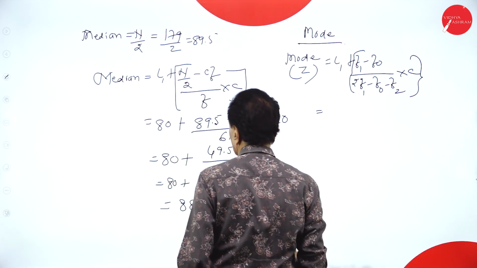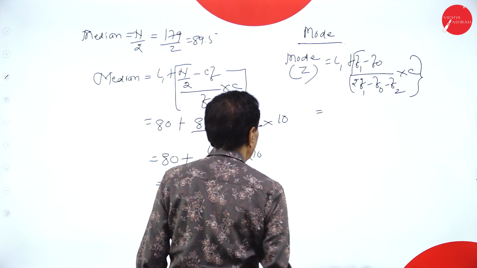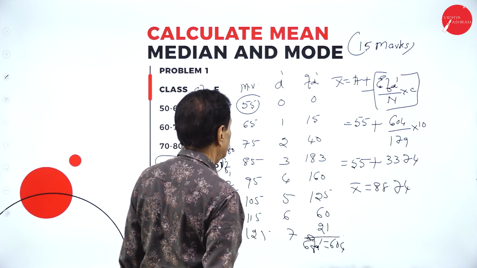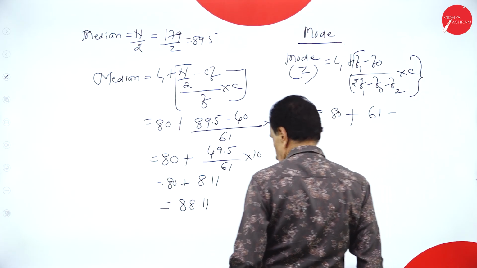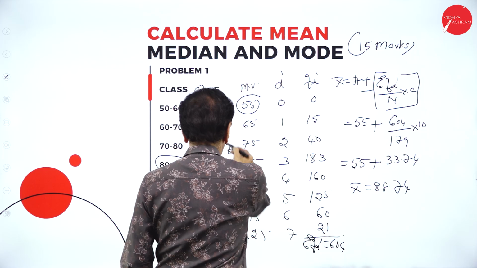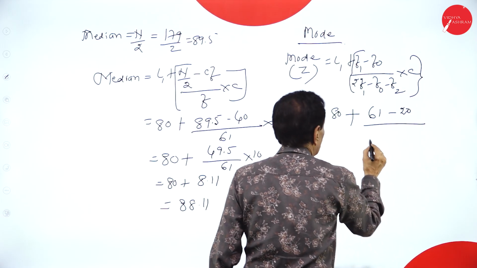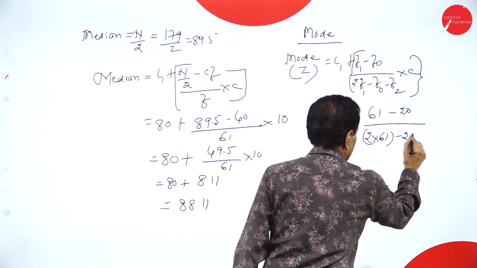Come back here. Which range is selected here? 80 to 90. 80. Then F1 is 61 minus, what's your F0? 20, divided by 2 into 61 minus 20.